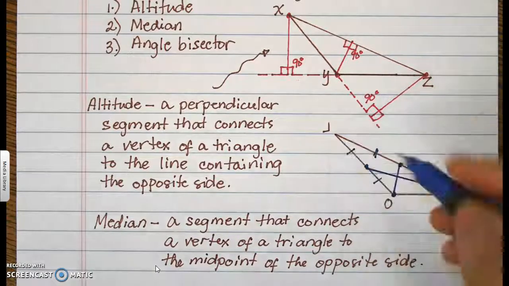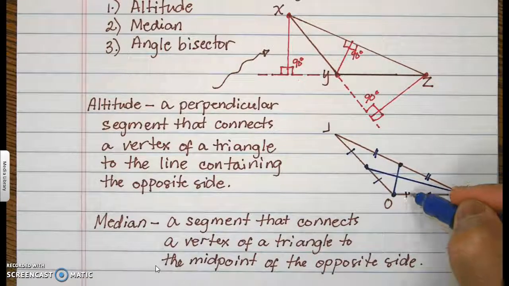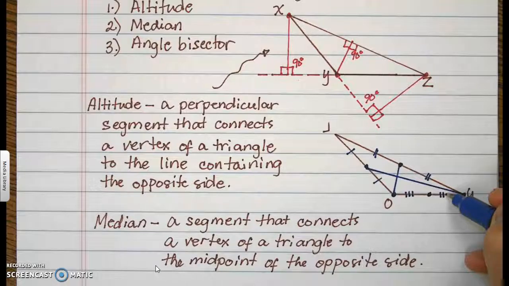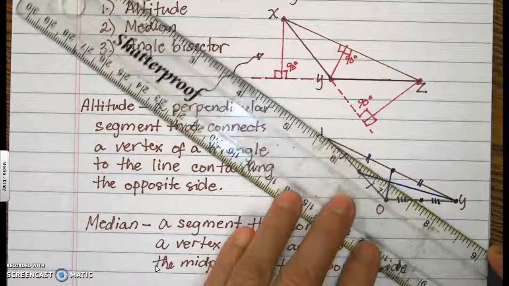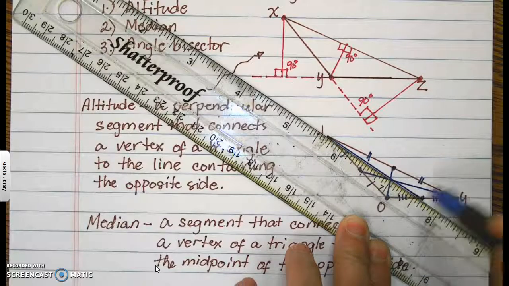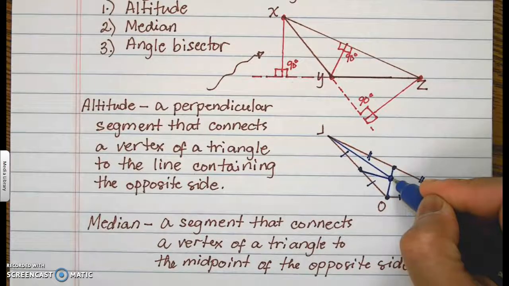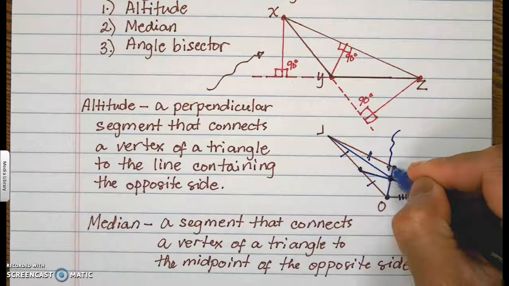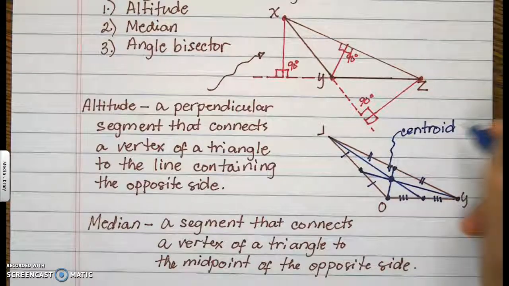And then for J, I will approximate that it is about here, where this is congruent to this, meaning that that's the midpoint, and I will connect that vertex with that midpoint. And there you go. Those are my medians. Just to mention, the point of concurrency of all the medians has a special name, and it is called the centroid of your triangle.